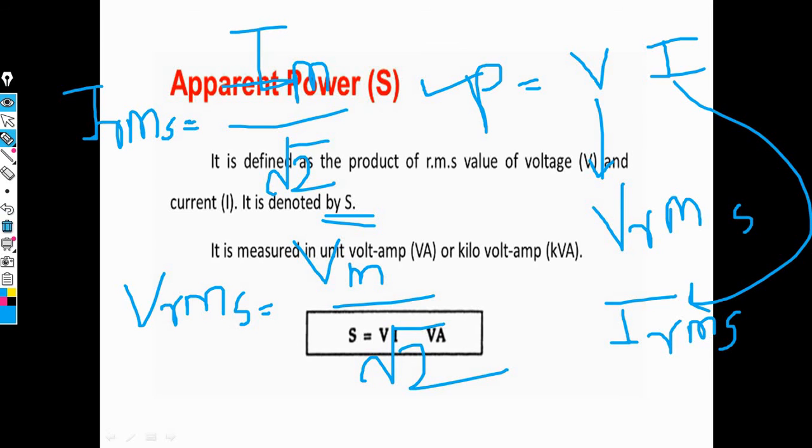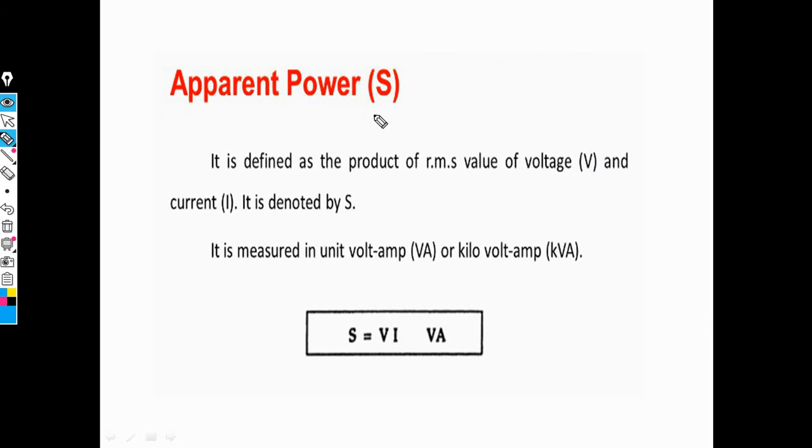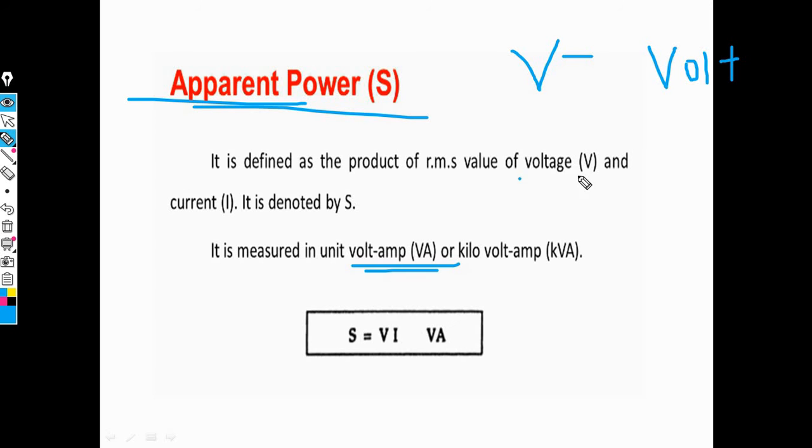The unit of apparent power is volt ampere, that is volt for voltage and ampere for current.